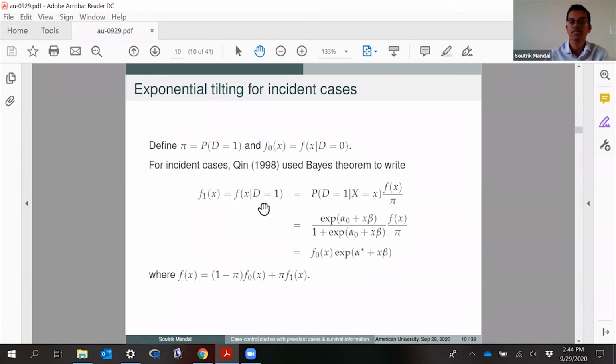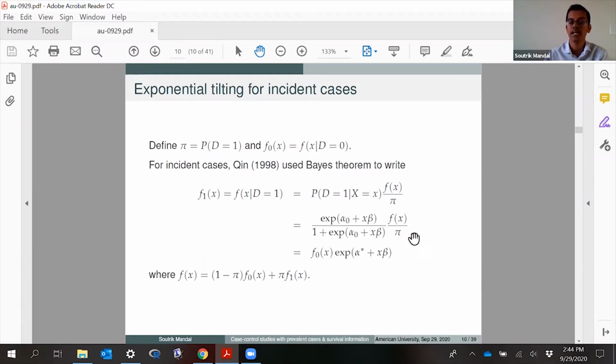So you can see this is the retrospective density, and this is using Bayes theorem to write that in terms of the prospective logistic model.